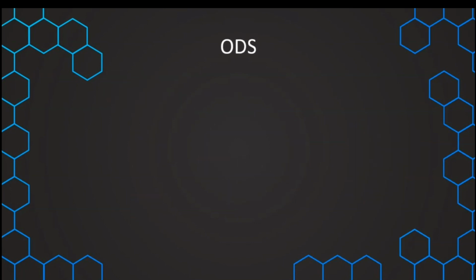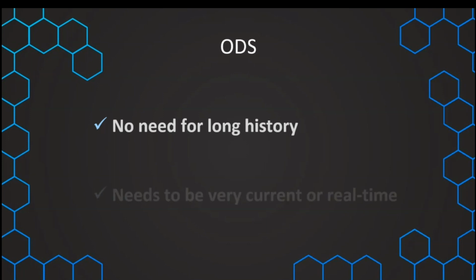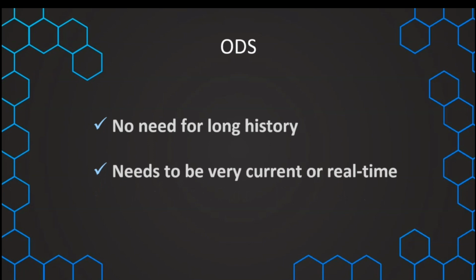In an ODS, since we want to make only operational decisions, we usually have no need for a very long history. We only need the current state of the data. But this current state needs to be reflected ideally immediately from our source systems. So we have the need for a very current state of our data, which can be in some cases almost real time. And this is very important because we don't want to make operational decisions that are based on wrong data.